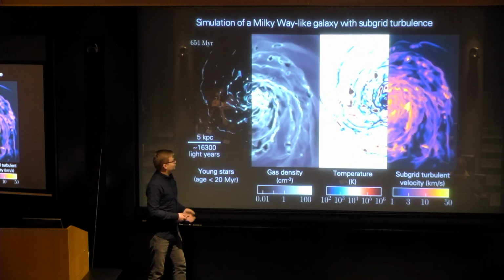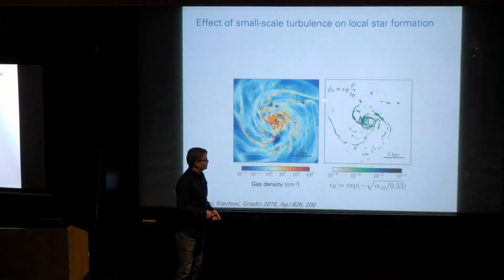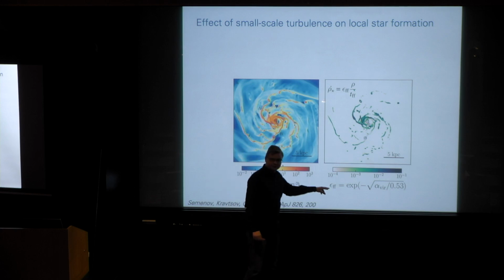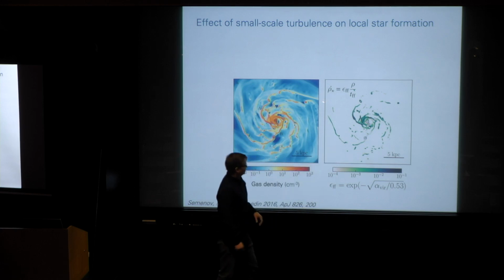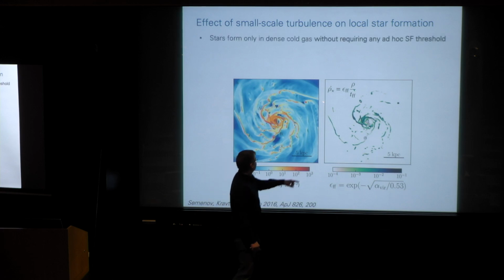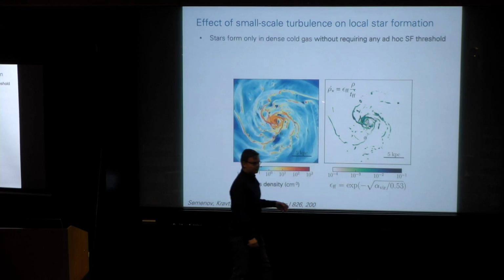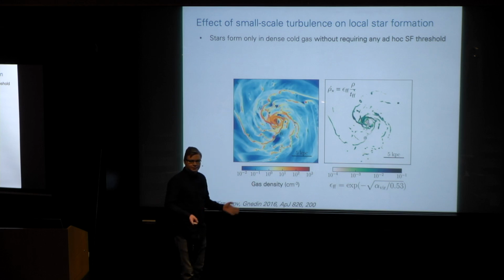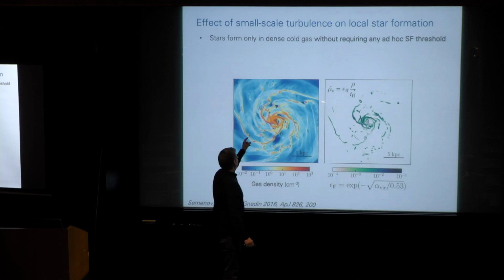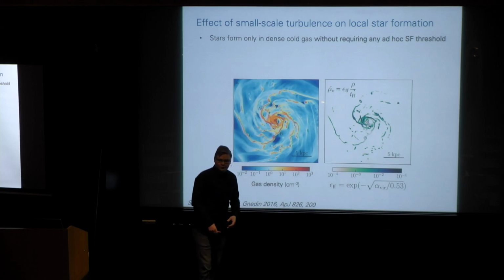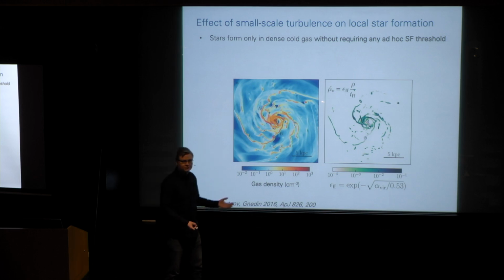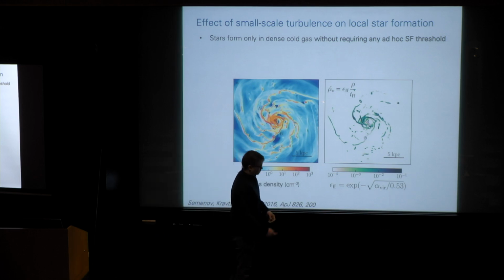Yeah, so we can look at more details, the predictions in terms of local efficiency in this model, and it's shown here. And again, we can see that stars are forming only in dense spiral arms, in dense gas, and this happens automatically without requiring any thresholds, just because diffuse gas is well supported by thermal motions, so it's non-star-forming according to this model.